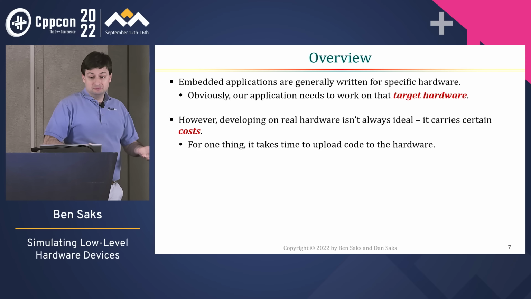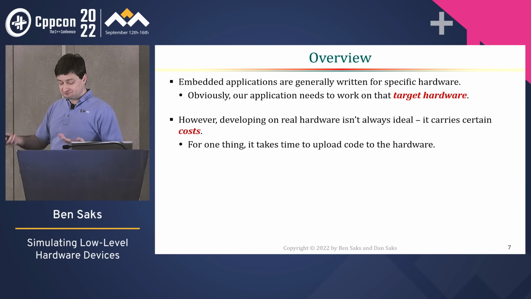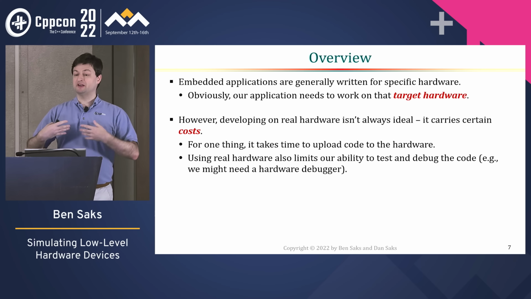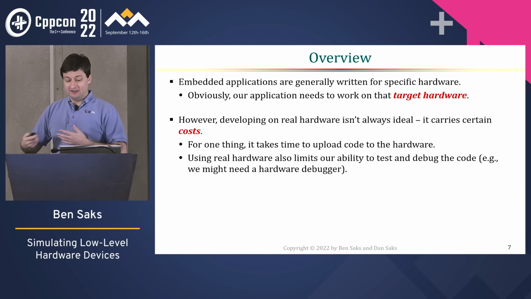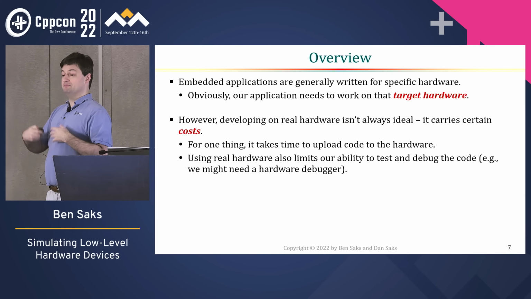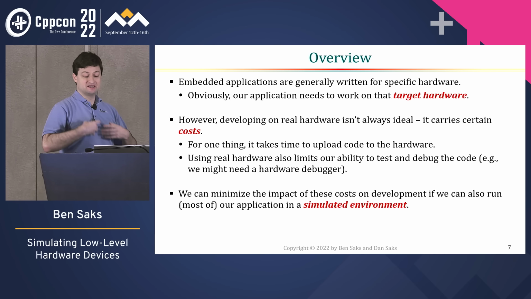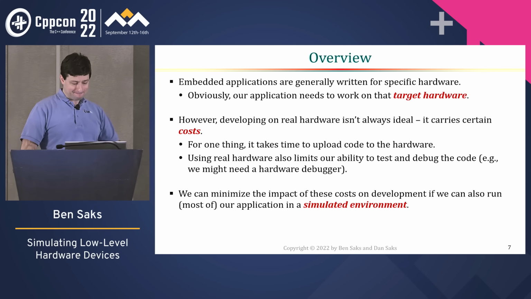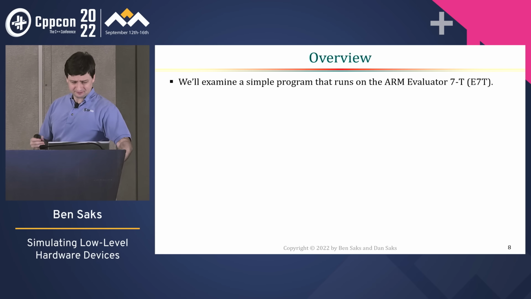For example, it generally takes time to upload code to the hardware. Sometimes we have limited debugging tools available when we're running on real hardware. And so if we can mitigate those costs a little bit by creating a simulated environment, that can improve our development time. So that's what we're going to be talking about doing in this talk.